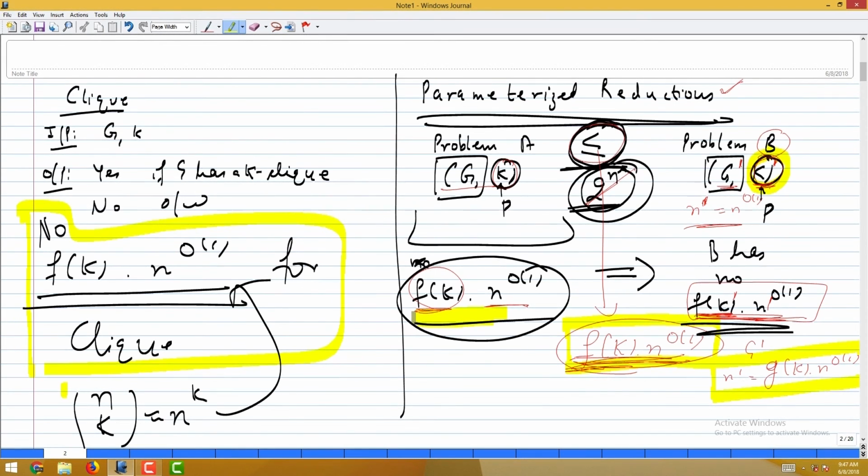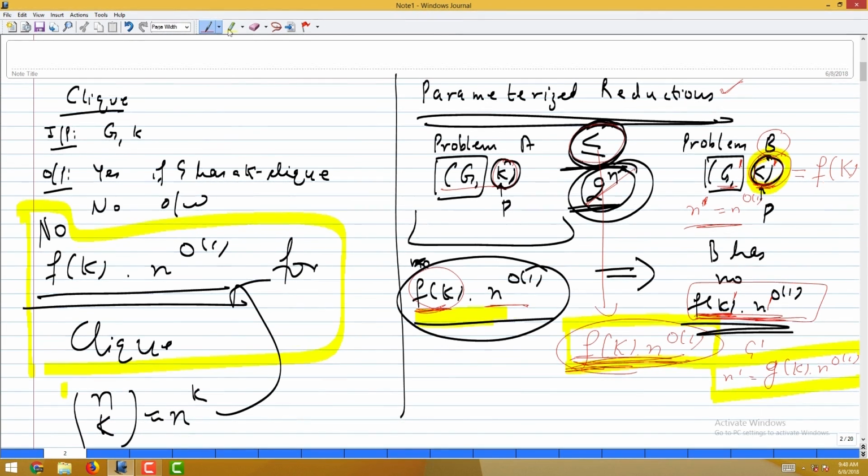So if I want this reduction to hold, k prime should be a function of k. I'm writing f here again, but this f and this f are not the same, I'm just running out of variables. When I say f of k, it's just some function of k. They might not be the same functions of k, just some functions of k, okay? So when I do this reduction, I necessarily want my k prime to be some function of k so that this reduction can go through.